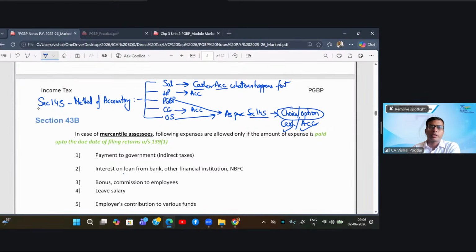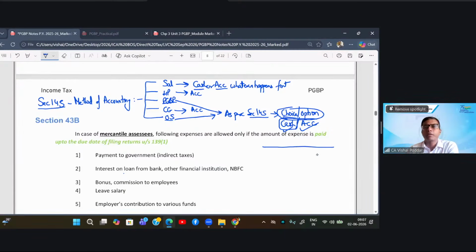Now, section 145, which we are presently discussing, which is covering only two heads, says that you have the option. If you want, you follow cash basis of accounting, we will follow cash basis for computing income. If in accounts you are following accrual, we will follow accrual. Now, if you are following cash basis, what does it mean?